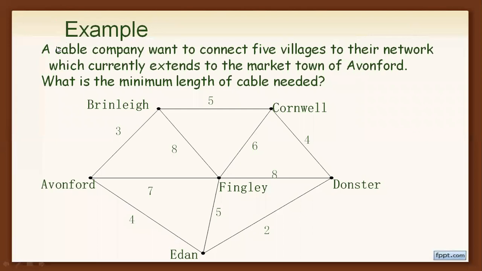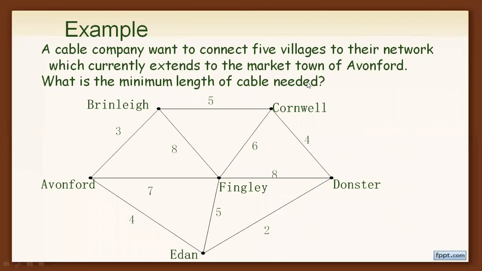The main problem is: a cable telephonic company wants to establish a connection among 5 villages, B, C, D, E, F, to their network, which currently extends to the market town of A, starting from A. And what is the minimum length of cable needed?